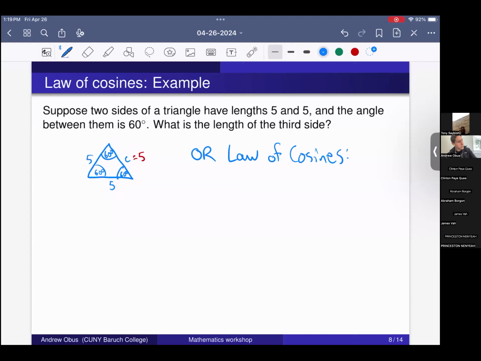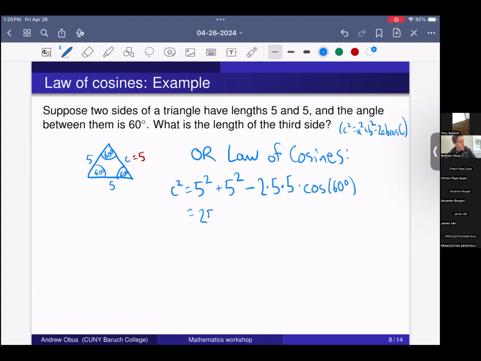The law of cosines says that c squared equals, in this case, 5 squared plus 5 squared minus 2ab cosine c. So minus 2, and now a and b are both 5, so 2 times 5 times 5 times cosine of 60 degrees.